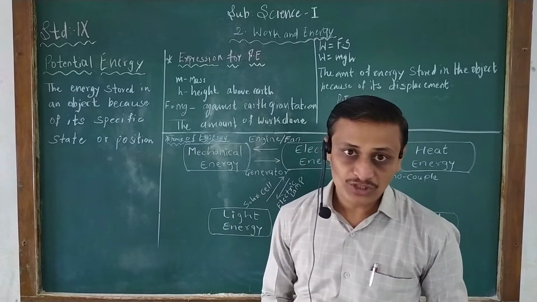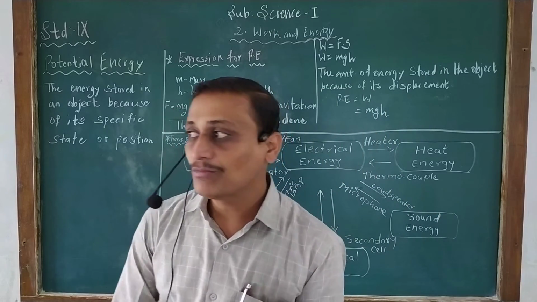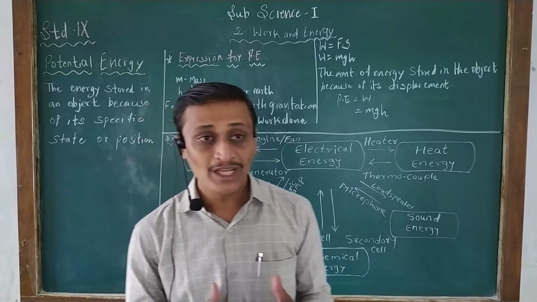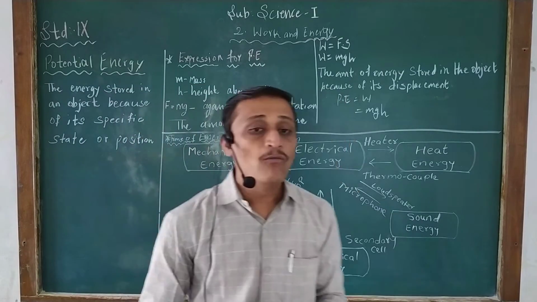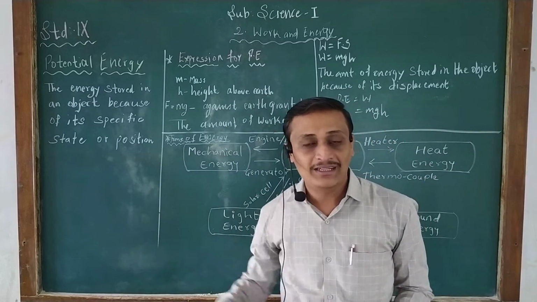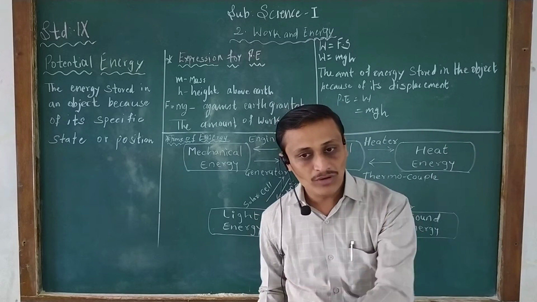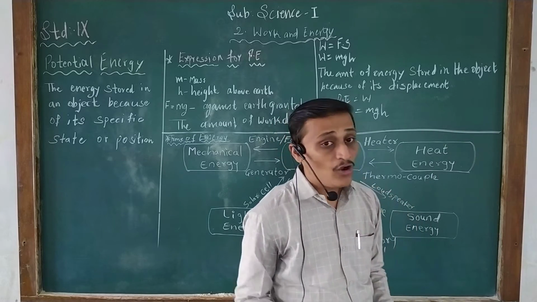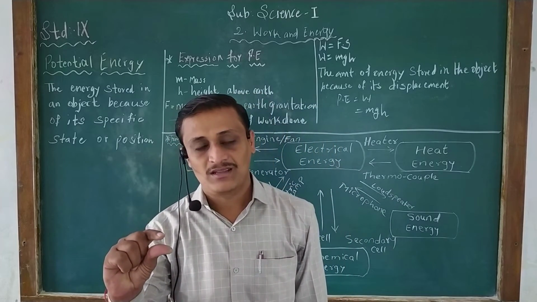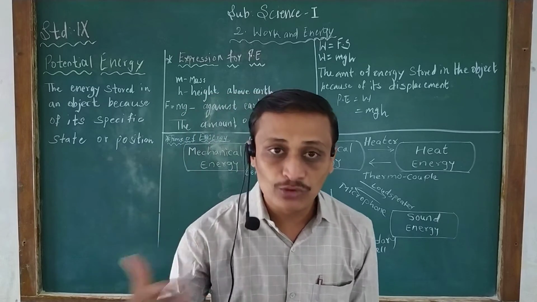Now the next topic which we are going to see is potential energy. But before we start with potential energy, I want you to imagine some examples, like water kept at a height. When the water is kept at a height, it will start flowing down from a higher level to a lower level. Then a compressed spring, all of you have seen. When it is compressed, afterwards it again regains its original position.